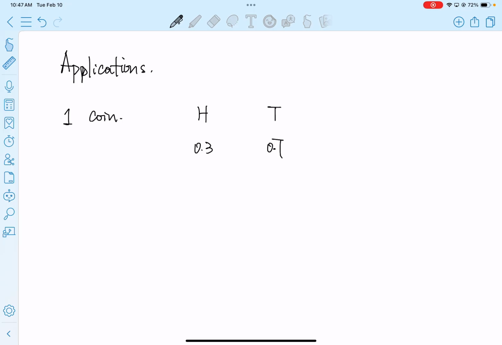But here we just put down 0.3 and 0.7. So when we flip a coin, the probability of head is 0.3 and the probability of tail is 0.7.